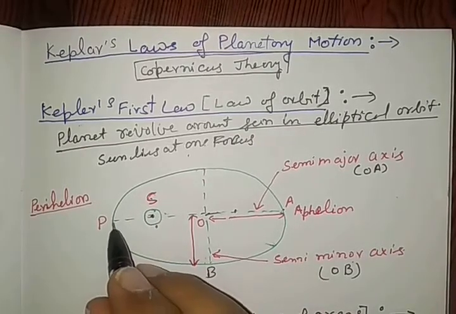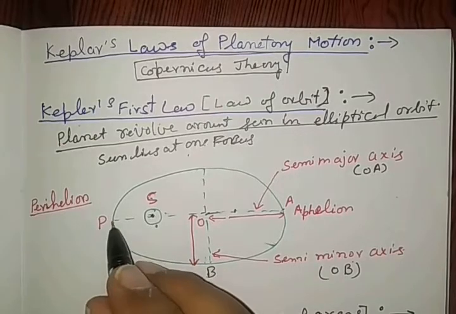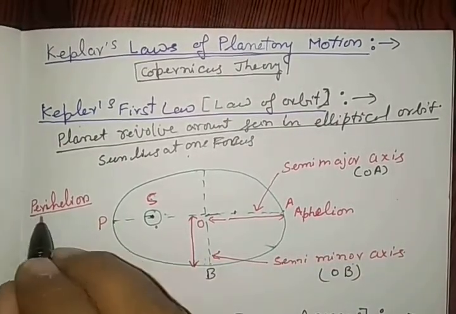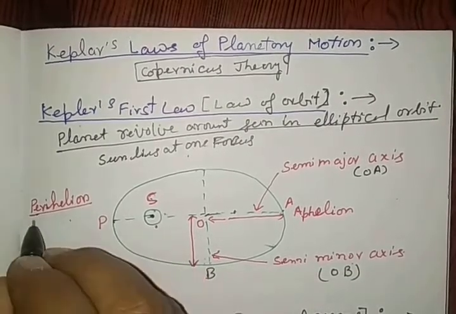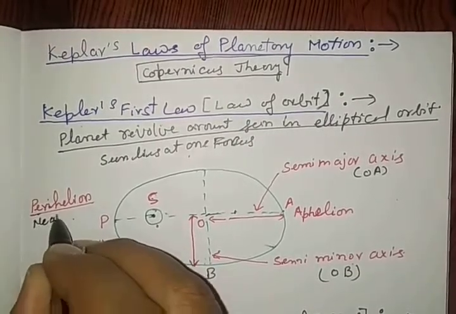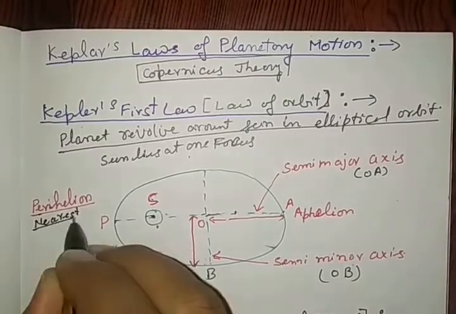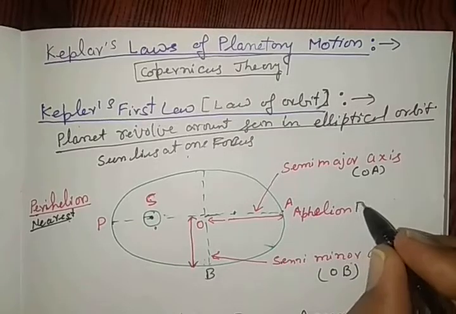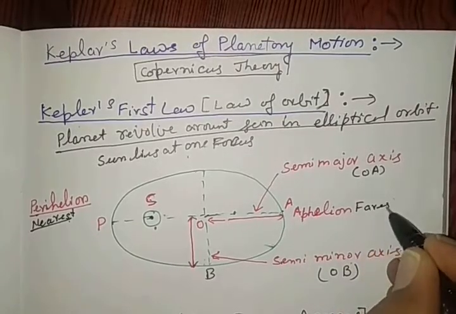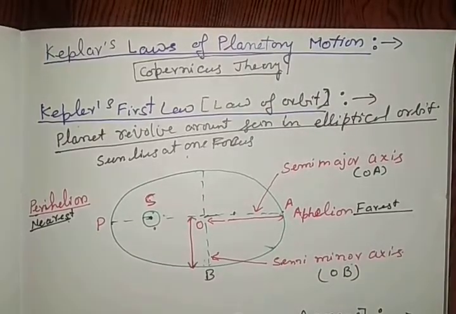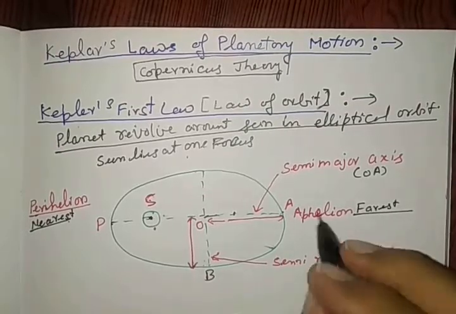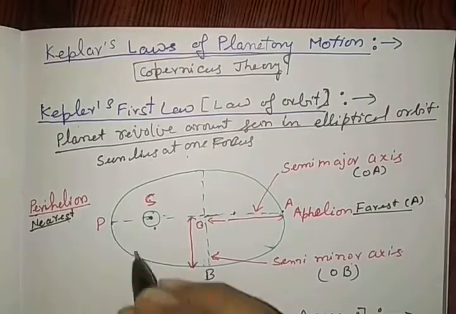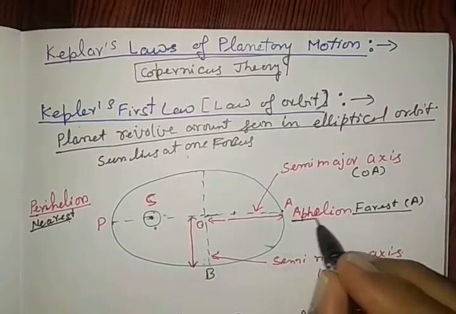See the nearest point from the sun. This is P. It is called perihelion. This is the nearest point from the sun, and the farthest point is A. This point A is called aphelion.